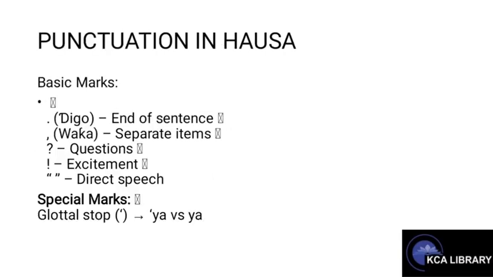Then we have punctuation in Hausa. Every language has the use of punctuation. When you don't use punctuation correctly, it interferes with the meaning of words and sentences. Basic punctuation in Hausa: the digo, that is the period or dot, used at the end of a sentence. Waka, that is the comma, separates items or clauses.